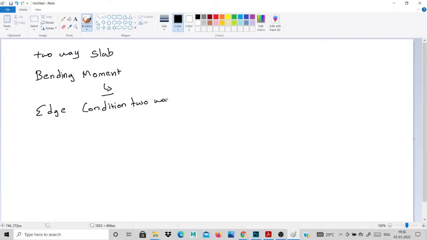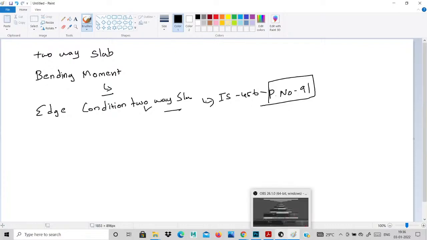You go to IS 456, edge conditions, page number 91. Understand the edge conditions for your two-way slab properly, then it is easy to calculate the bending moment diagram and the bending moment calculations.